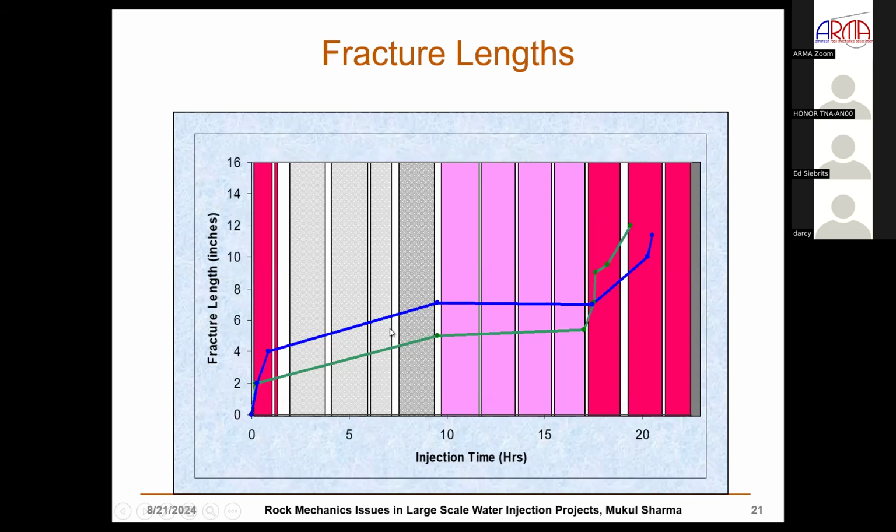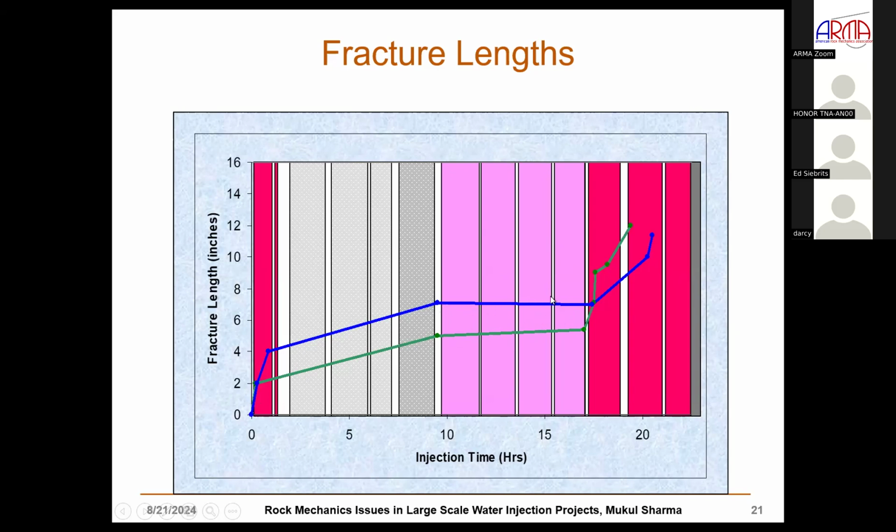The growth of the fracture can be monitored. So this is two wings of the fracture, one going in one direction, the other going in the other direction. And depending on what kind of particles you're injecting, the rate at which the fracture grows changes. So here, for example, with this particular type of particle, the fracture didn't grow very much at all because it wasn't very effective at causing plugging in the rock.